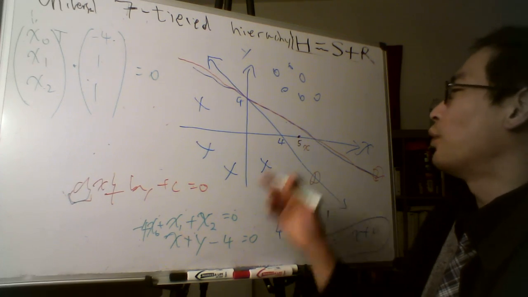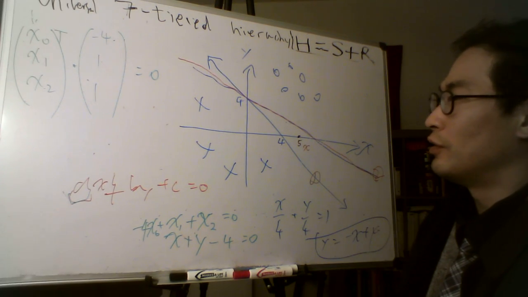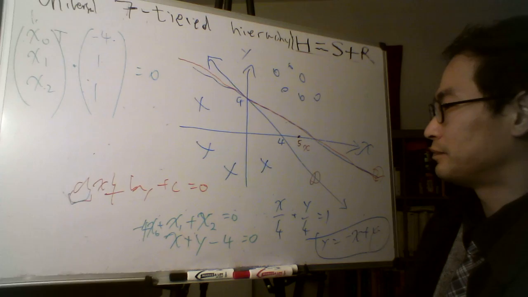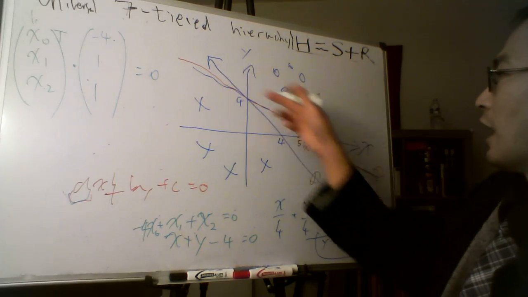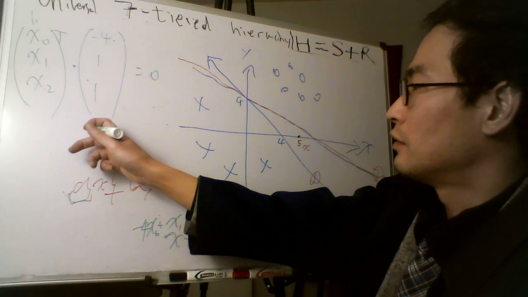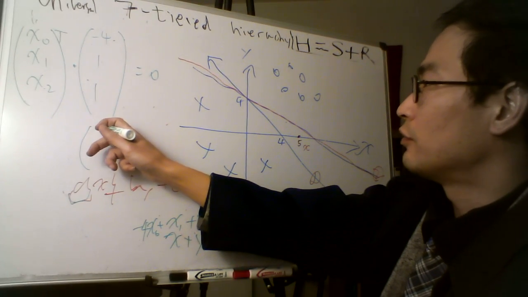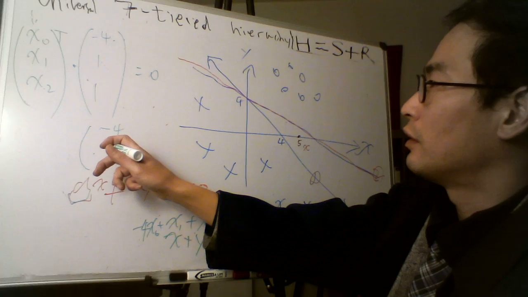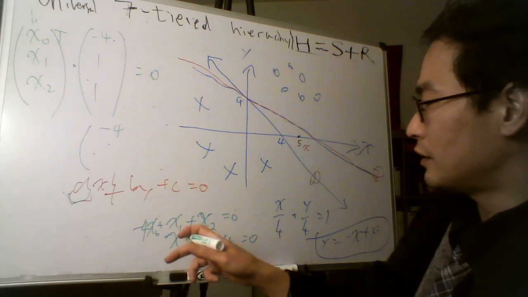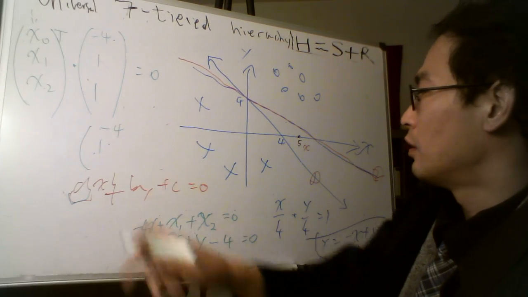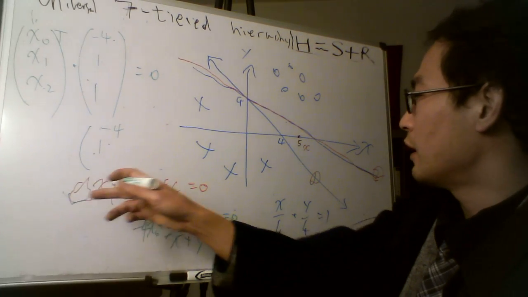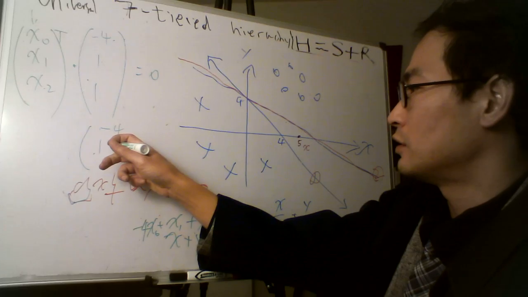Well, this point is 5,0, so we'll just do this. The brand new equation for this line will be something like this. We have -4, we preserve that, but the weight, the coefficient for x1, used to be 1, and we have to decrease a, so let's just decrease by 5.